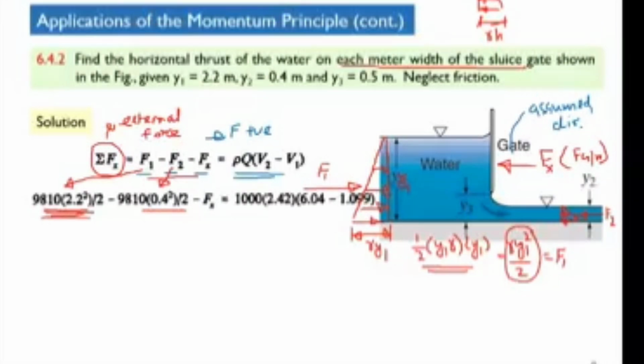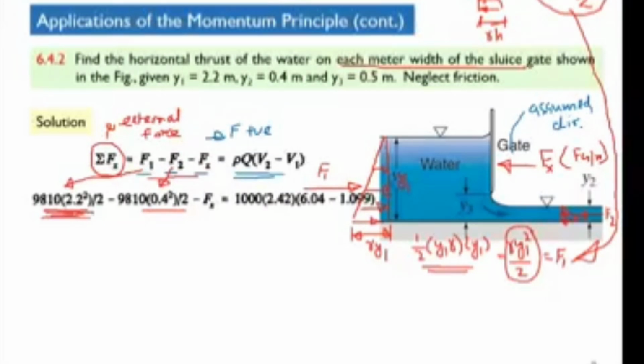And then what is the area? The area will be equal to Y1 into 1. So from here, what is F1? F1 is equal to gamma Y1 square divided by 2. We use the same equation that we just developed. So you can see here you get the same expression for the force.